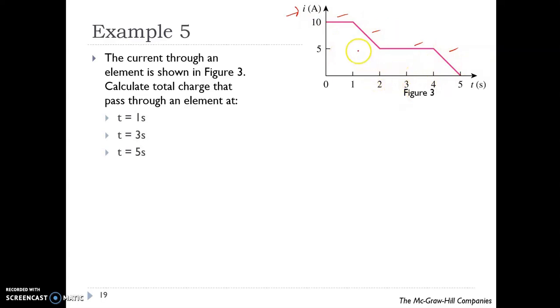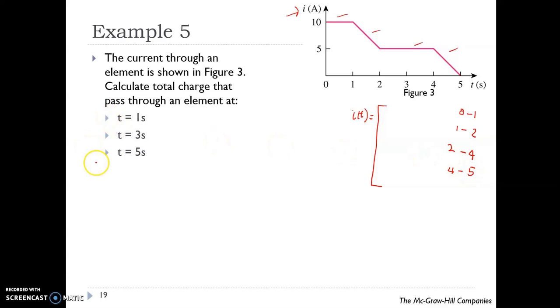Okay. So let's prepare the current equation. I of t is equal to, from 0 until 1, 1 to 2, 2 to 4, and 4 to 5.